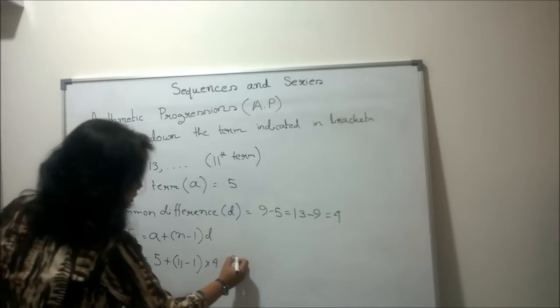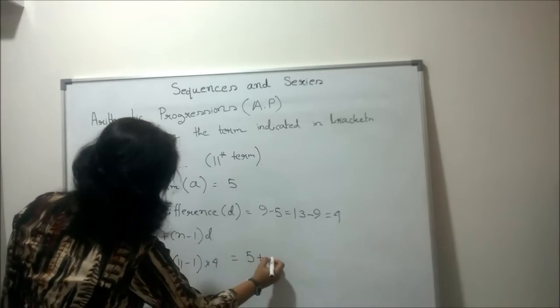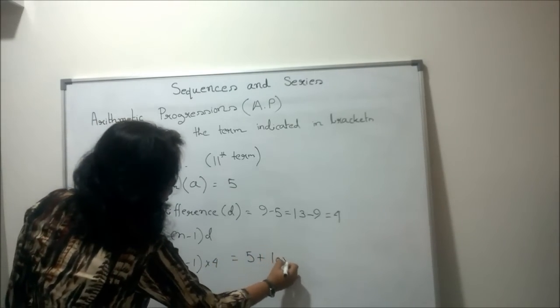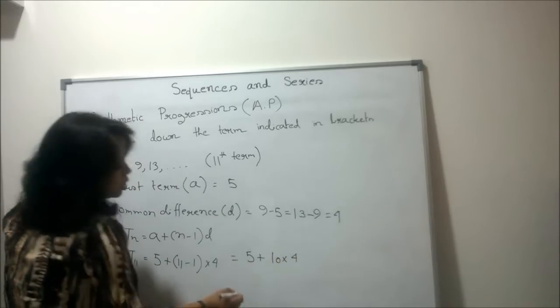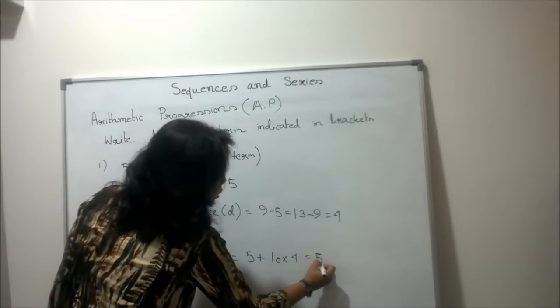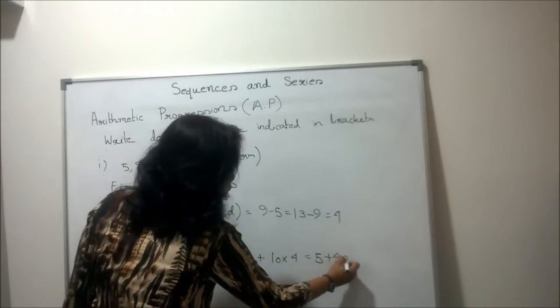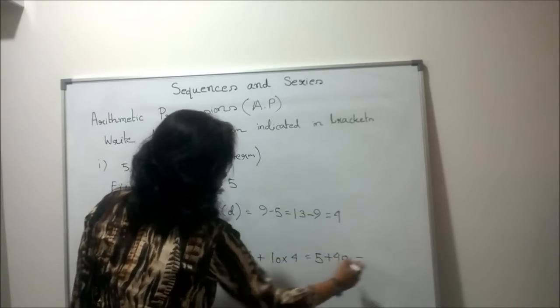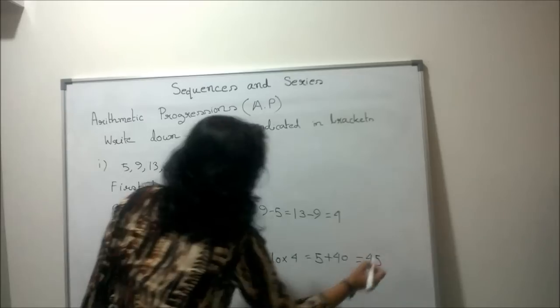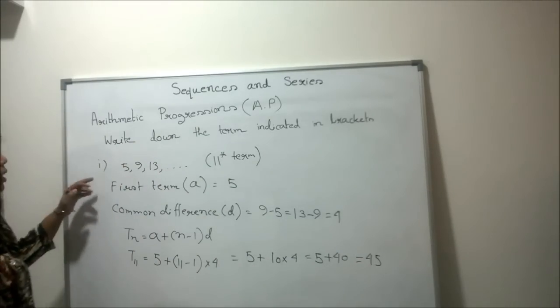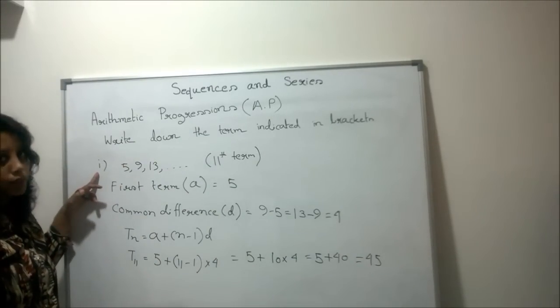So that is 5 plus 10 into 4. You know the multiplication should be done first, so that is 40. So that is 45. So for this sequence the 11th term is 45.